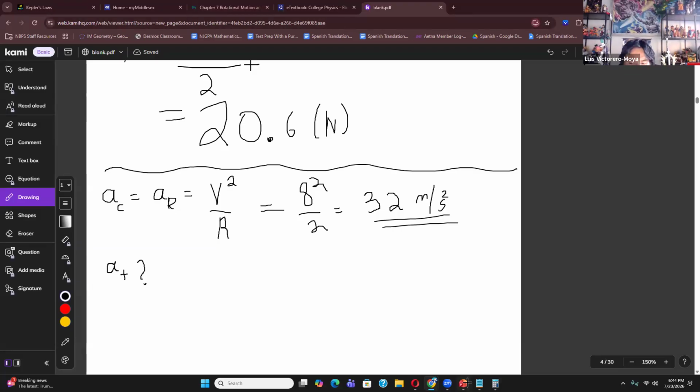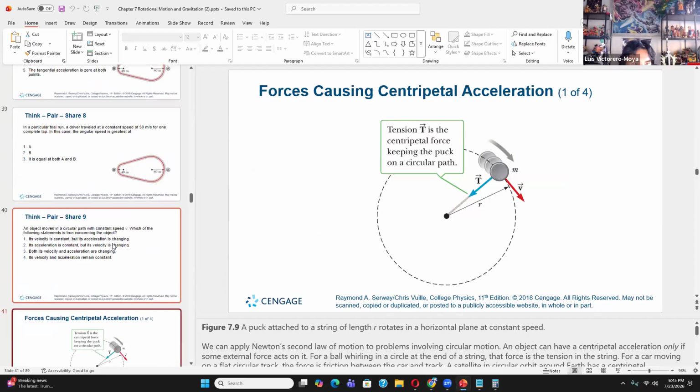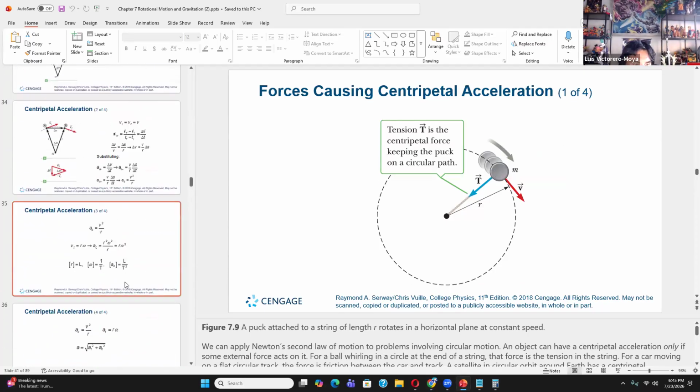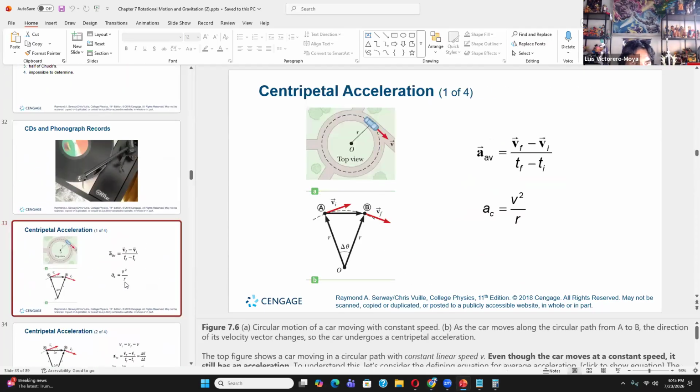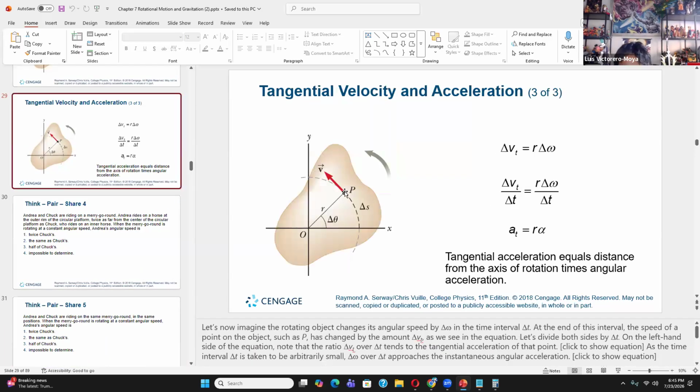Let's show you this so you remember. The tangential acceleration is the component of acceleration parallel to the velocity, right here. I gave you this equation yesterday, alpha r.